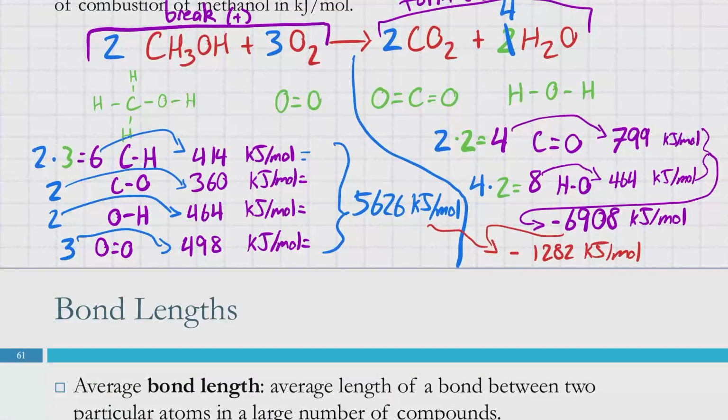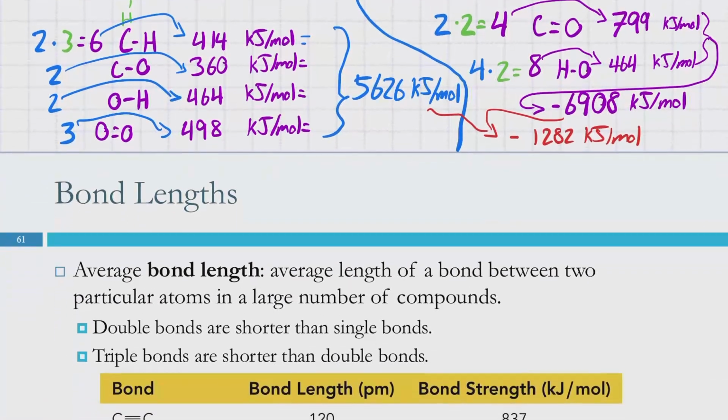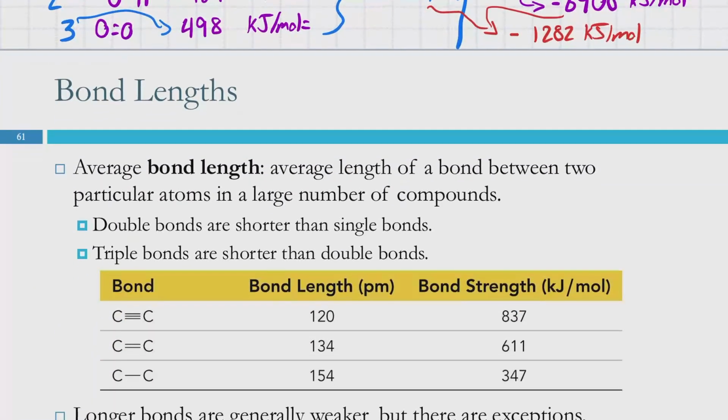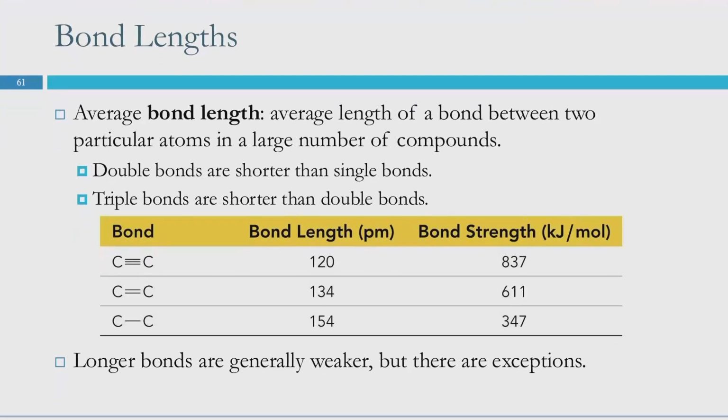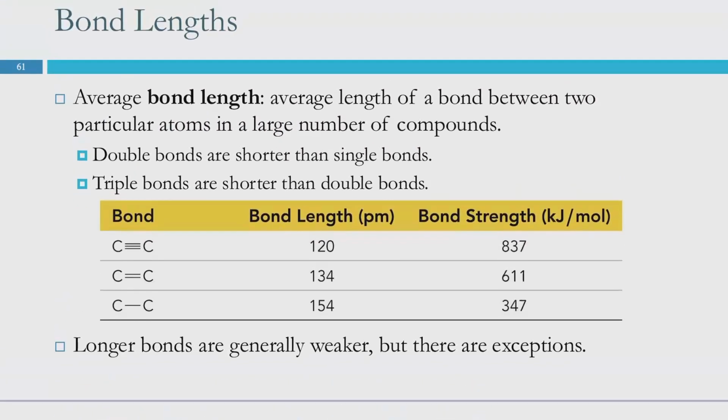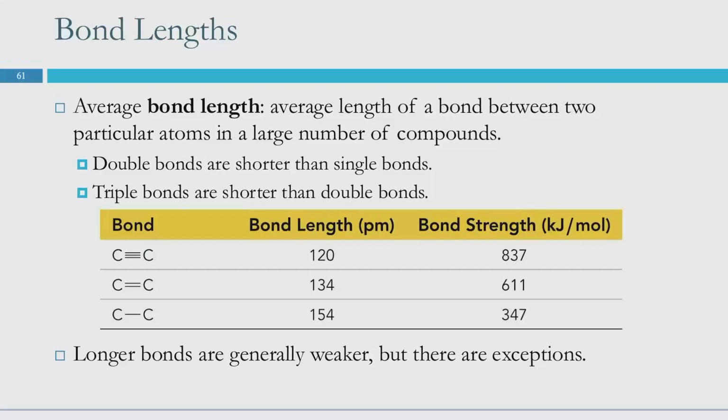Okay, also related to bond energy is bond lengths. The average bond length is the average length of a bond between two atoms in a large number of compounds. Generally speaking, double bonds are shorter than single bonds, and triple bonds are shorter than double bonds.